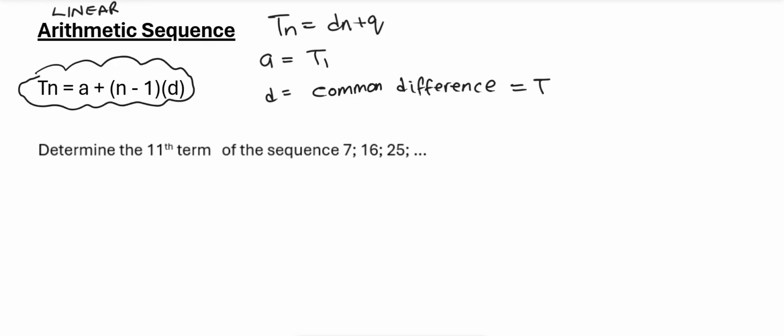And we always know that for a linear sequence, your common difference is T2 minus T1, or rather Tn minus Tn-1.